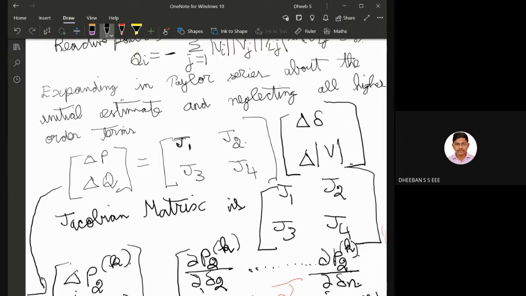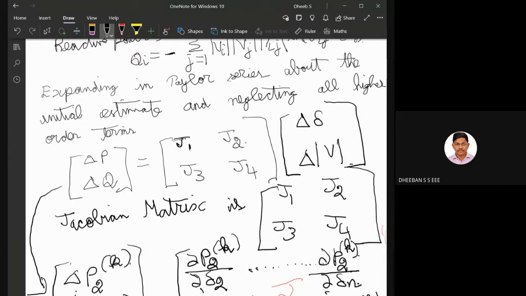In the Gauss-Seidel method, we were solving the voltage equation through an iteration methodology. Basically, we ended up with a single iteration, but you can also move towards more than a single iteration to get a very accurate answer. There we ended up with the voltage equation.